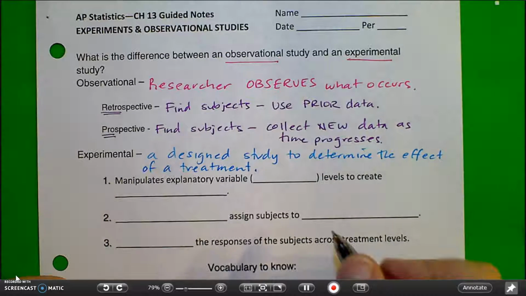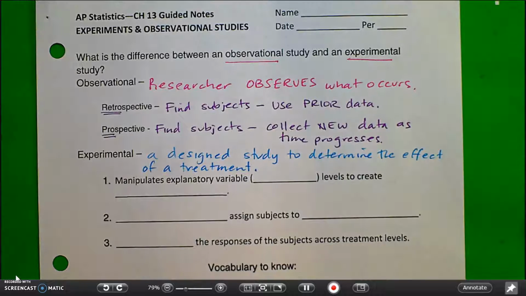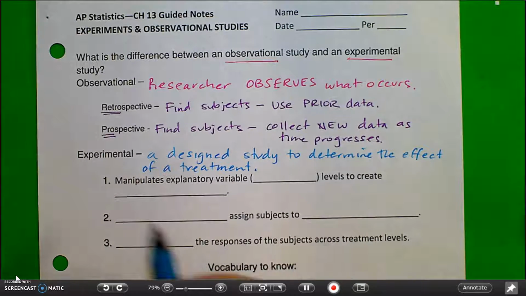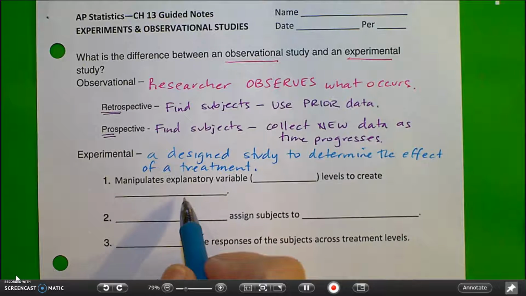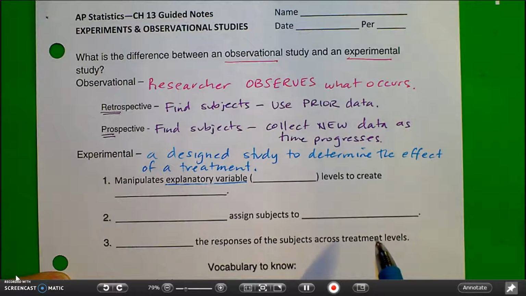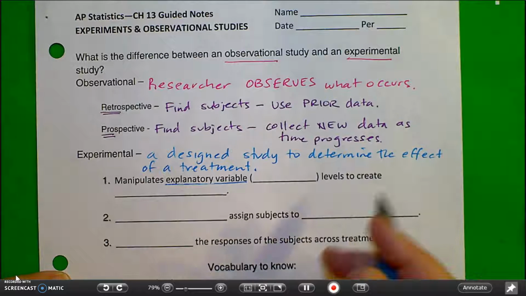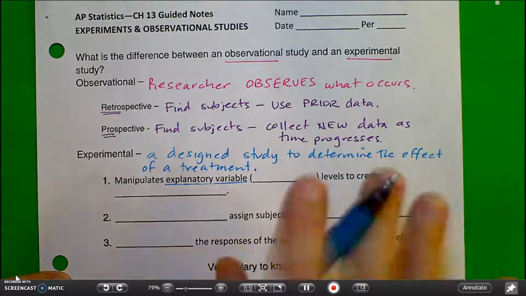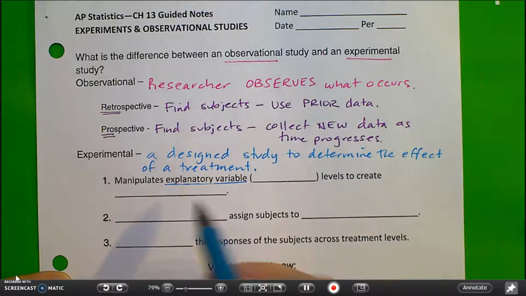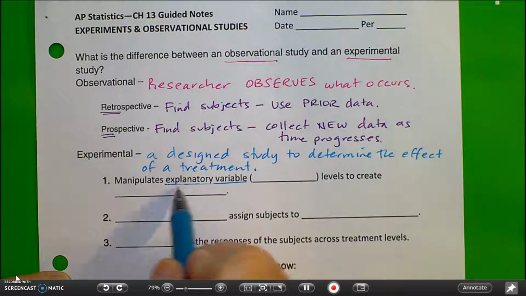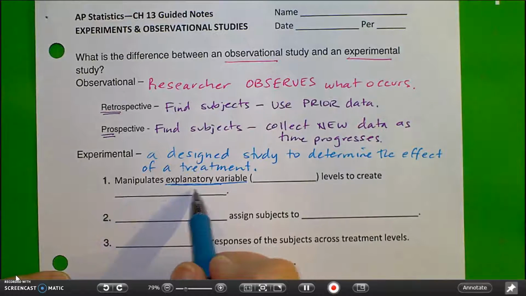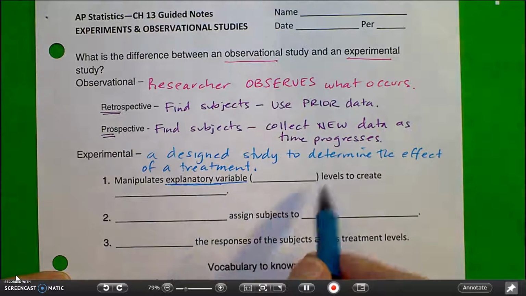There are a lot of different parts to the experimental study. The researcher is going to have some type of explanatory variable that they're interested in. The explanatory variable is modified or altered in order to create different responses for the experiment. So the researcher will manipulate these variables at different levels.